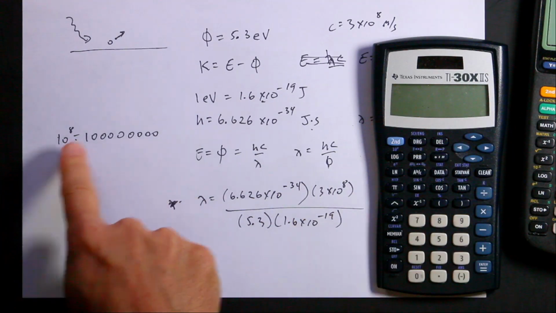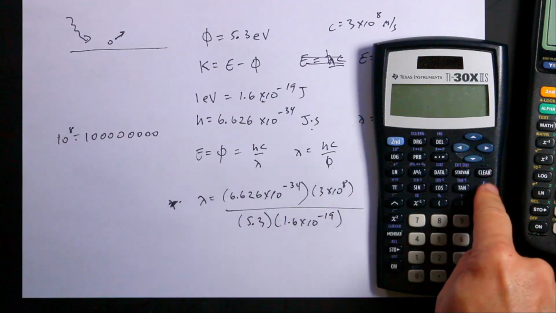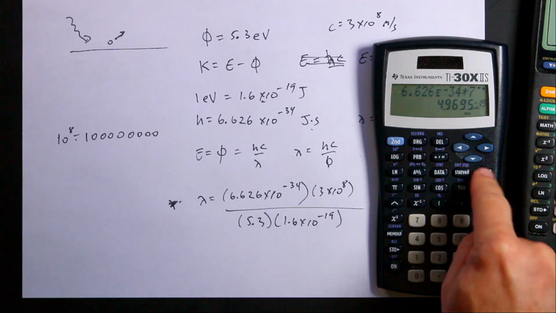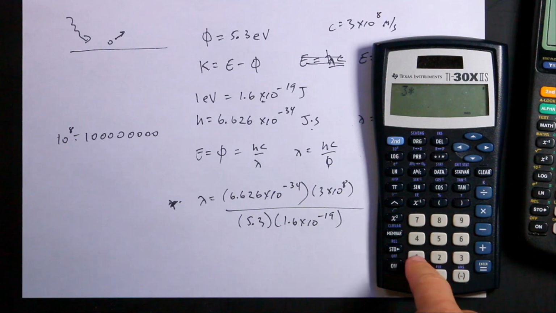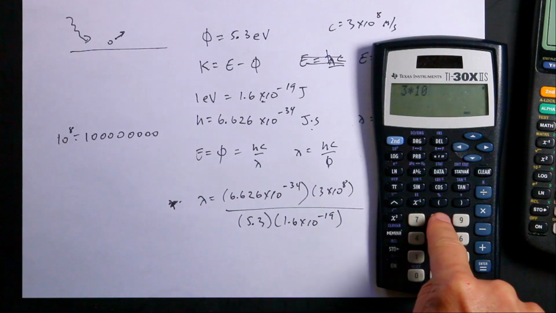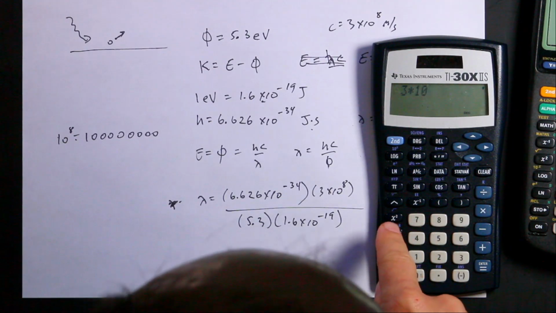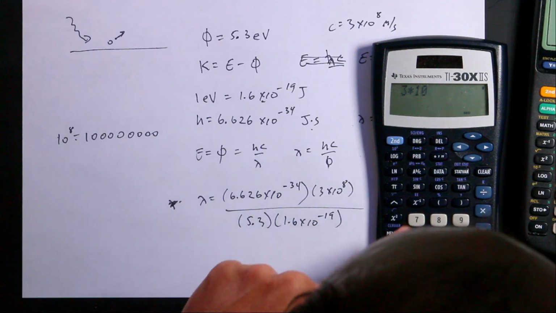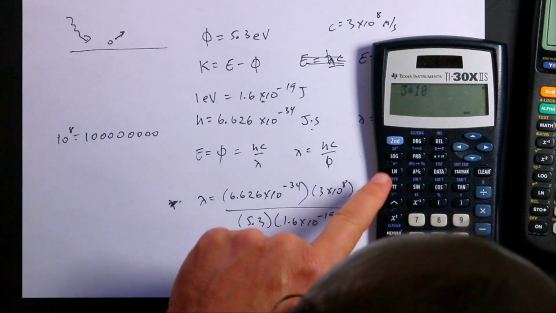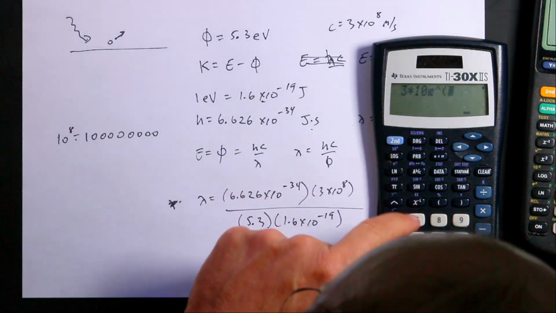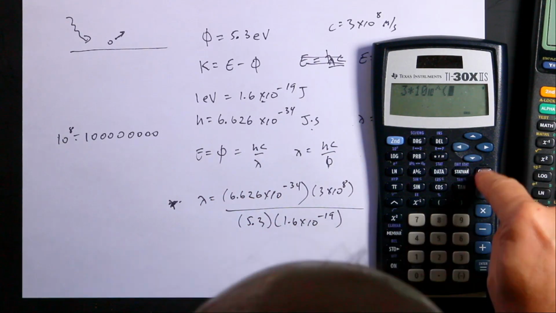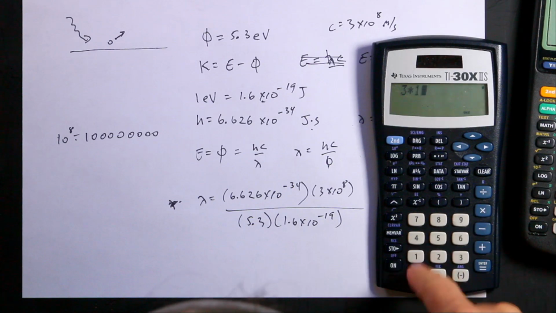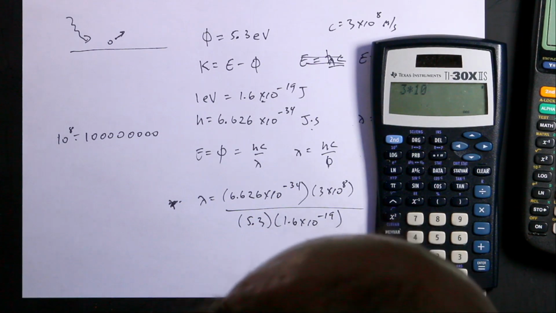Okay, so let's enter this 3 times 10 to the 8th. There's a common way that students like to do this, and they'll say, 3 times 10 raised to the power. Where's my raise to power button? I told you I'm not good with calculators. There it is. No. I want 3 times 10 just raised to the power, not 10 to the power.